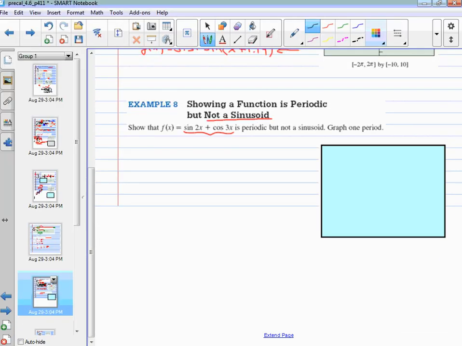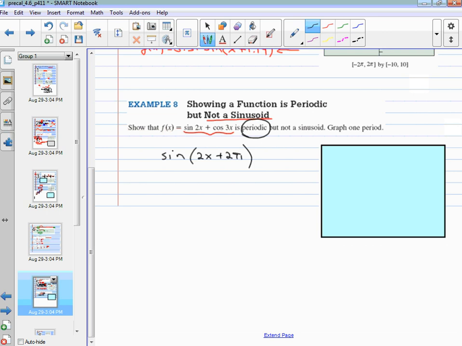Is it periodic? I'm going to algebraically do the same thing I did a little bit ago. I'm going to take sine of 2x and call it sine of 2 times x plus 2 pi.